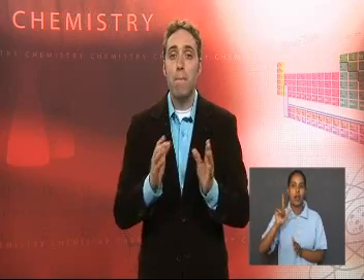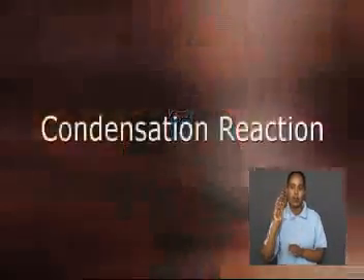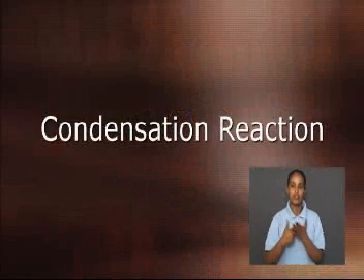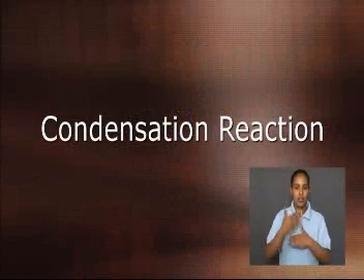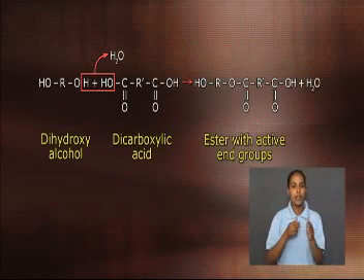Sometimes, the molecule that is lost is something else. For example, hydrogen chloride, methanol, or acetic acid. In this type of polymerization reaction, a series of condensation steps takes place.